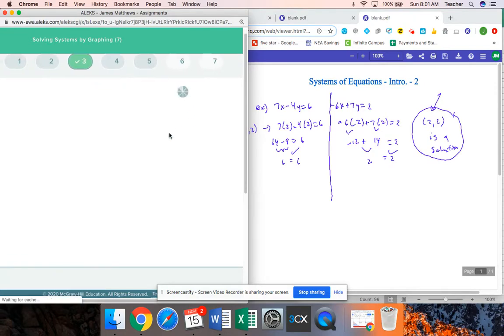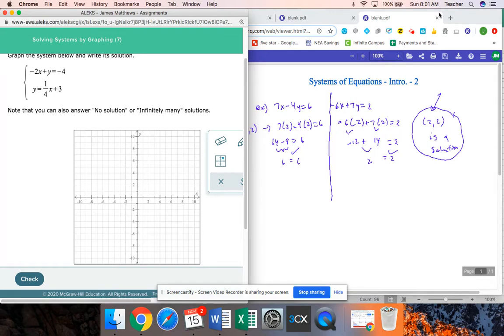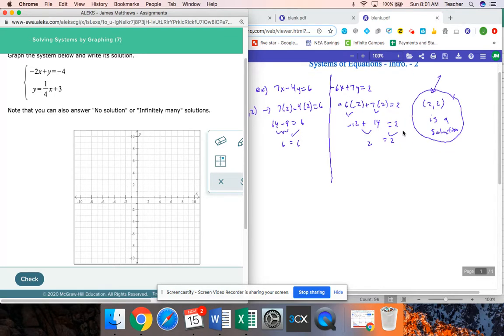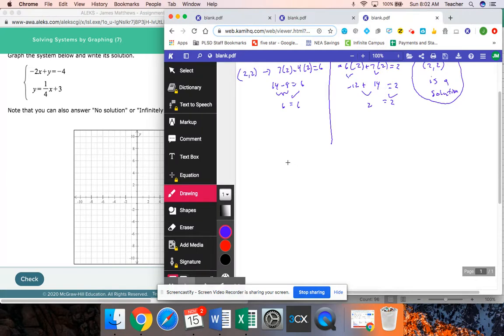I want to move on, though, to this idea of finding a solution to a system of equations by graphing. If I look at this, I need to graph both of these. For this example, I will first turn this into slope-intercept form so I can graph it easily. Negative 2x plus y is equal to negative 4.